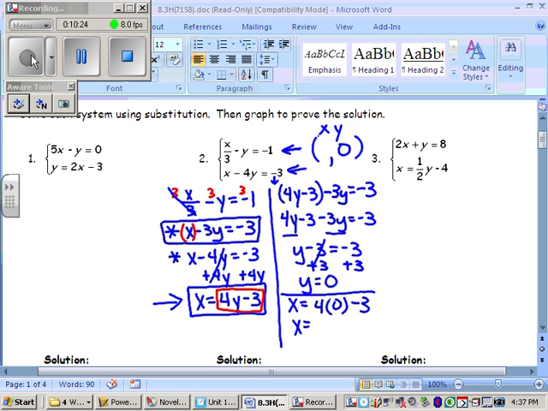When we simplify this, x equals 0 minus 3, we get an x value of negative 3, which we can then put back up in our ordered pair for our solution. So our ordered pair or solution would be negative 3, 0.